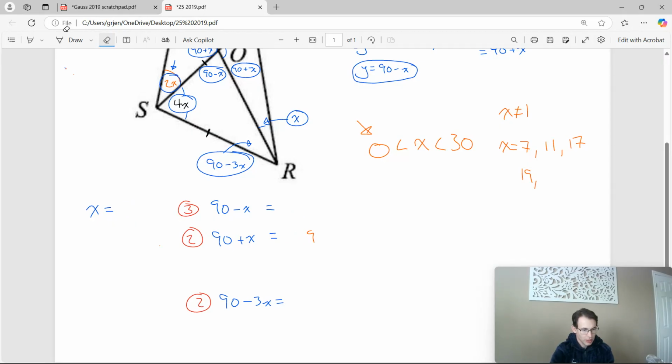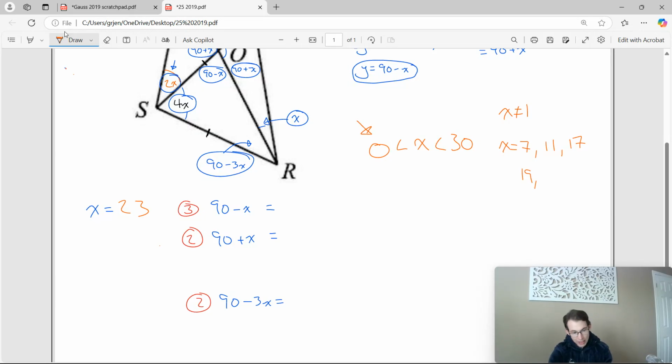Let's try 23. 90 minus 23 gives us 67, ding, ding, ding. 90 plus 23 is 113. Is 113 prime? Let's find out. It's not divisible by 3. It's not divisible by 5. It's not divisible by 2, of course.